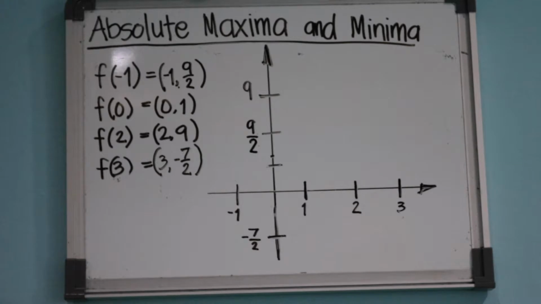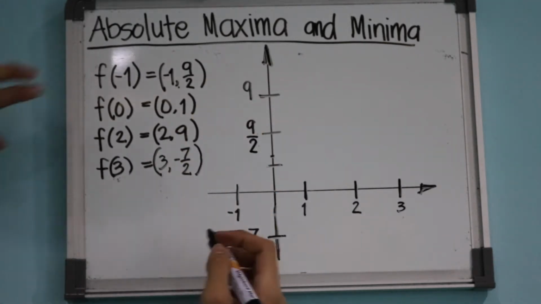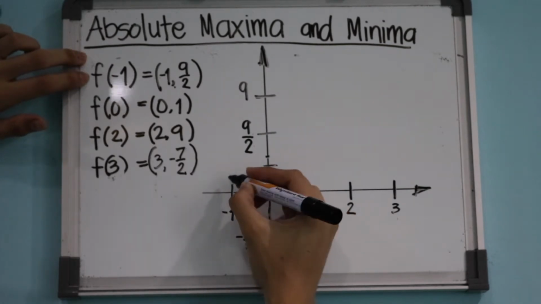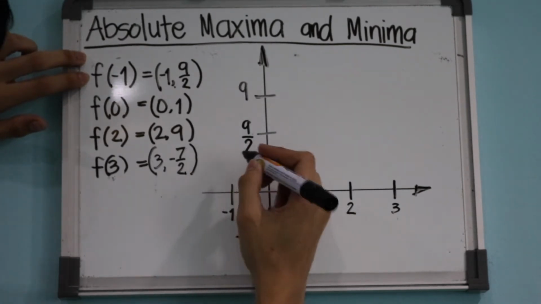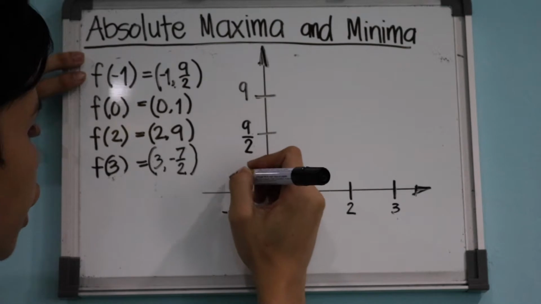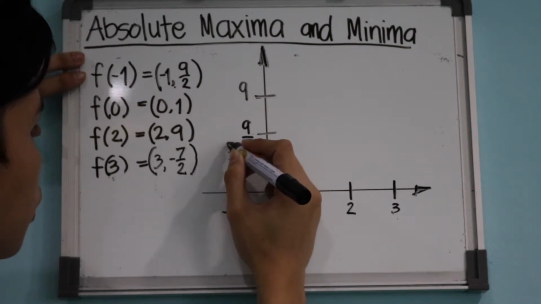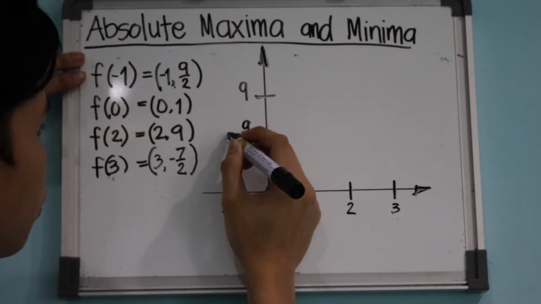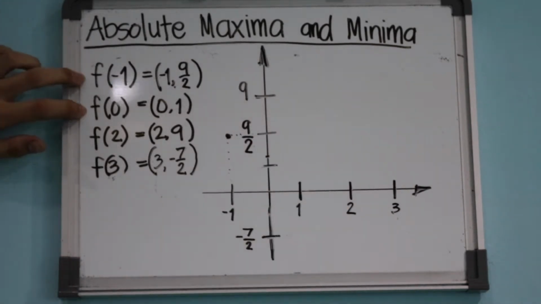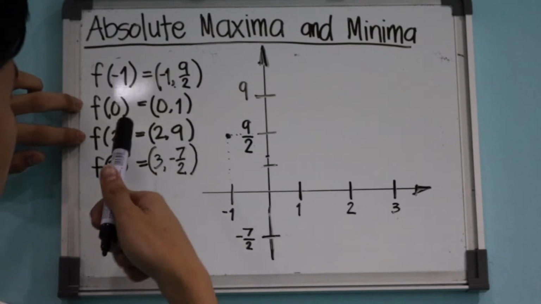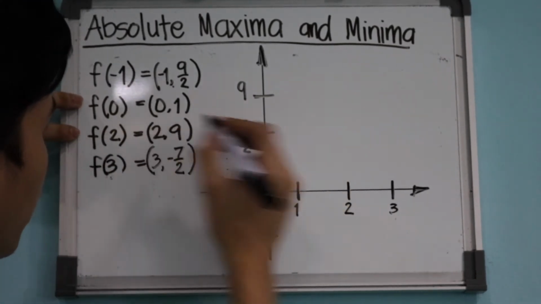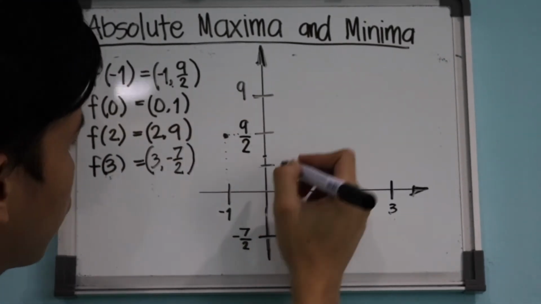Now, to sketch our graph, we will be using these values. First is, when x is equals to negative 1, our y is 9 over 2. Second is, if our x is equals to 0, our y is equals to 1.